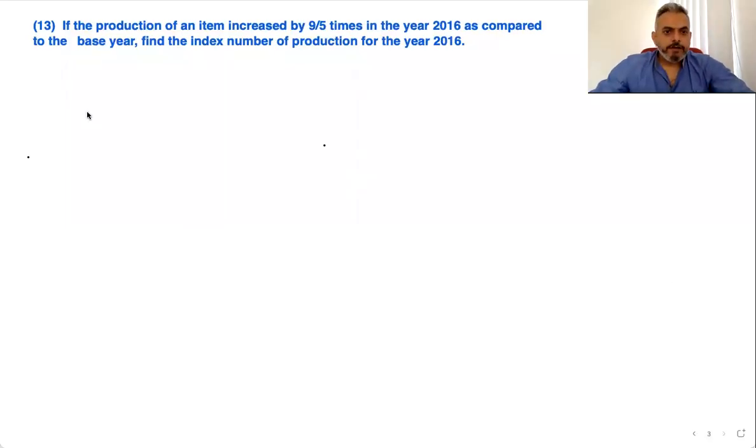Question 13. If the production of an item increased by 9 by 5 times in the current year, so increased by 9 by 5 times in the current year 2016 as compared to the base year, find the index number of production for the year 2016.